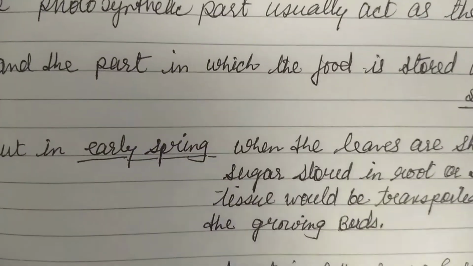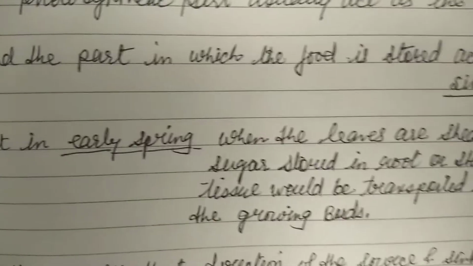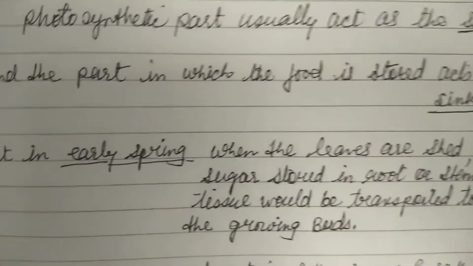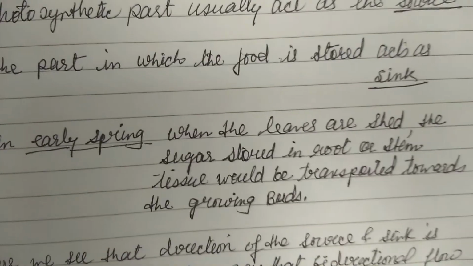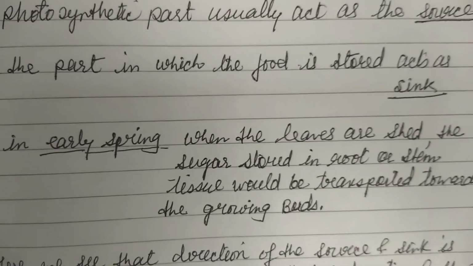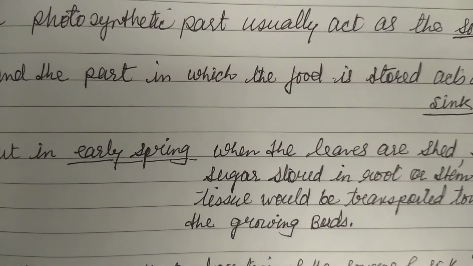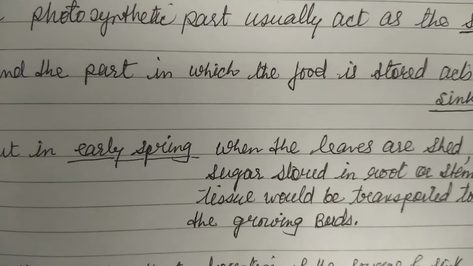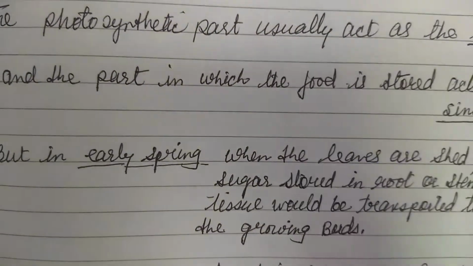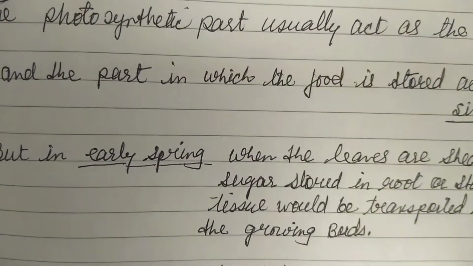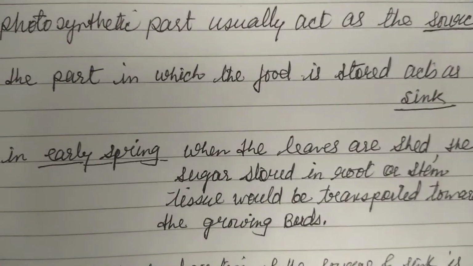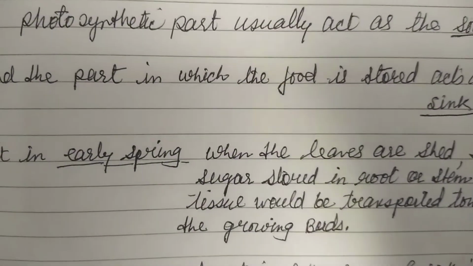So again when the leaves start coming at the end of the spring season, what happens then? For the formation of these leaves, again the food is required. So what happens during that time?